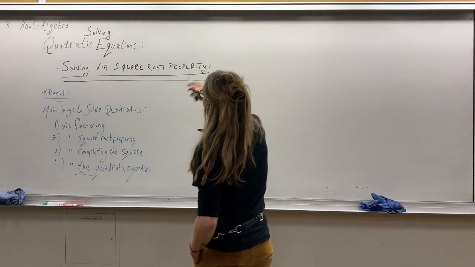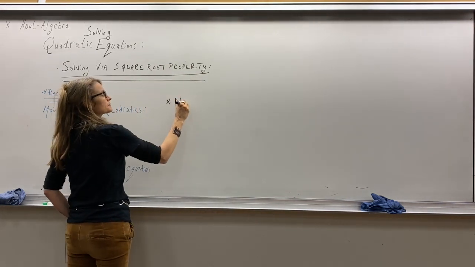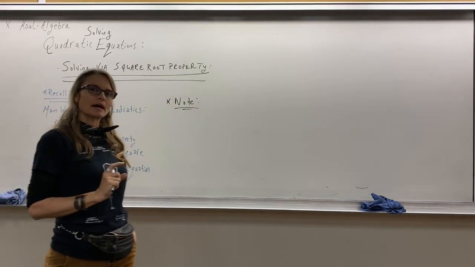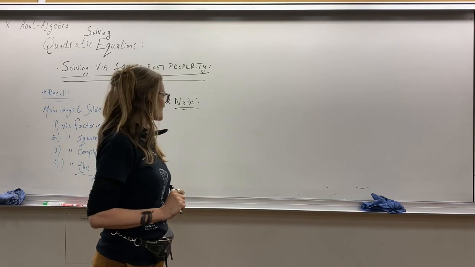So, solving via the square root property, what we have to note is that we are looking for a certain setup to be able to apply the square root property. Otherwise, it doesn't work so well.